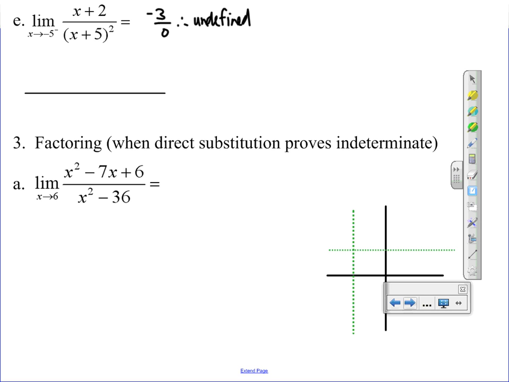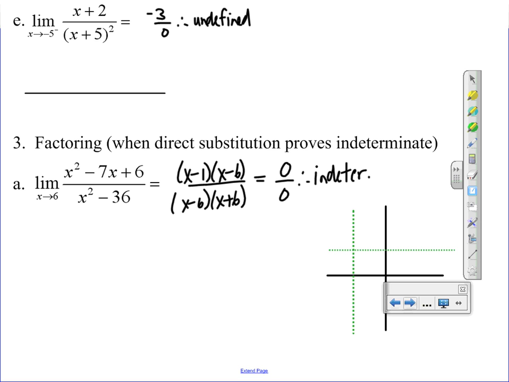The other strategy that we can run into is after we directly substitute. So I'm actually going to factor this one first to make my life a little easier. You can see that when I plug 6 in now, I'm going to get 0 over 0. So that's not undefined. That's indeterminate. I'm just going to abbreviate that.